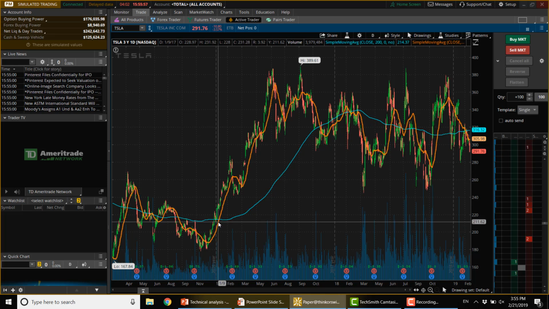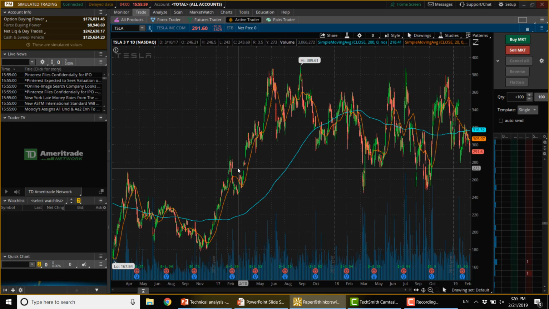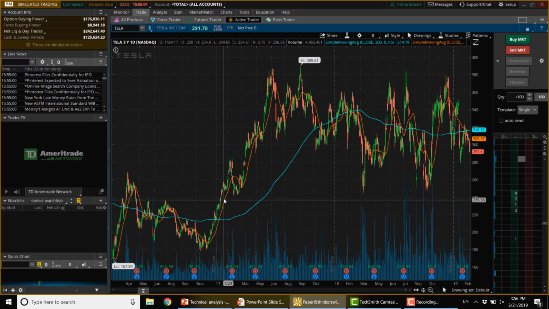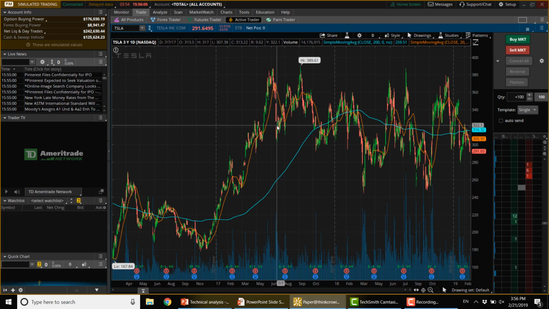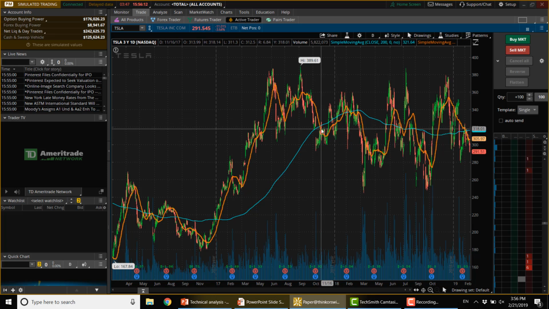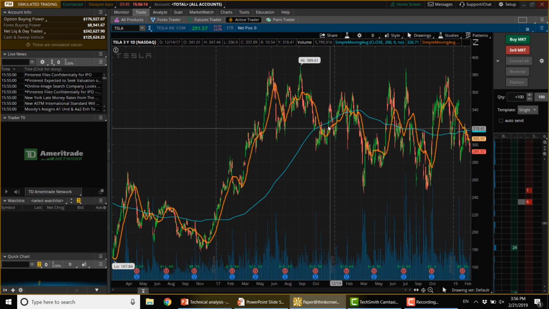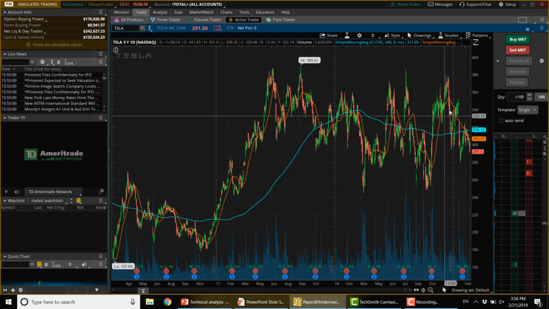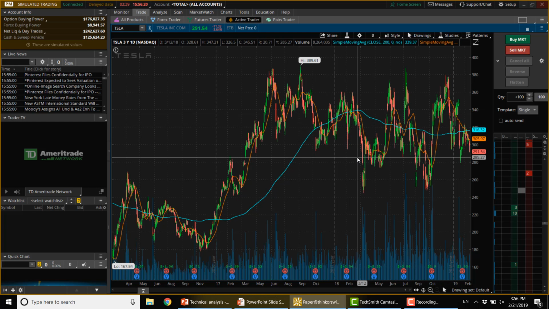So right here, the 20-day crosses from below to above the 200-day moving average, which for a technical analyst would indicate a very positive signal. And then a couple of times over here, it actually crosses to below the 200-day moving average, which would be a negative signal. And then it kind of flip-flops back and forth.